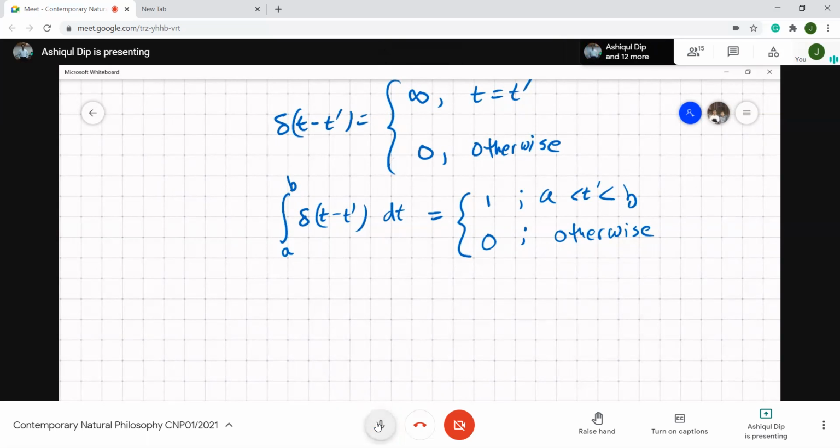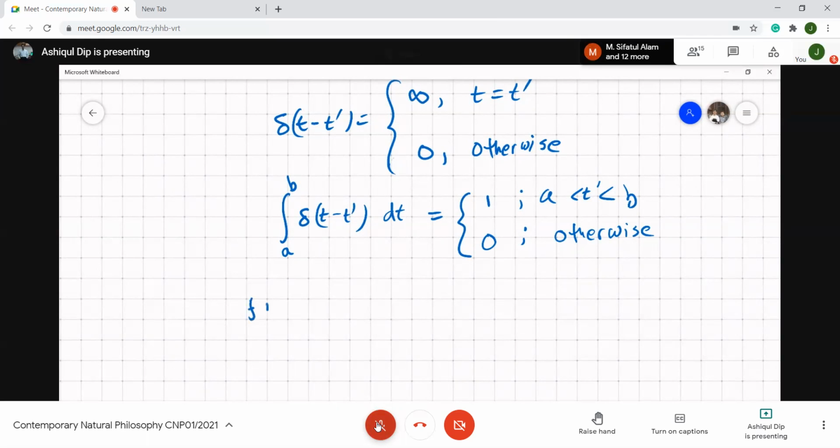Right, there is one important property. If we integrate f of t times the delta function dt, it will give just f of t prime. Yeah, that's an outcome of these two defining properties. If we want to introduce it for the first time, it's better to introduce it like this.